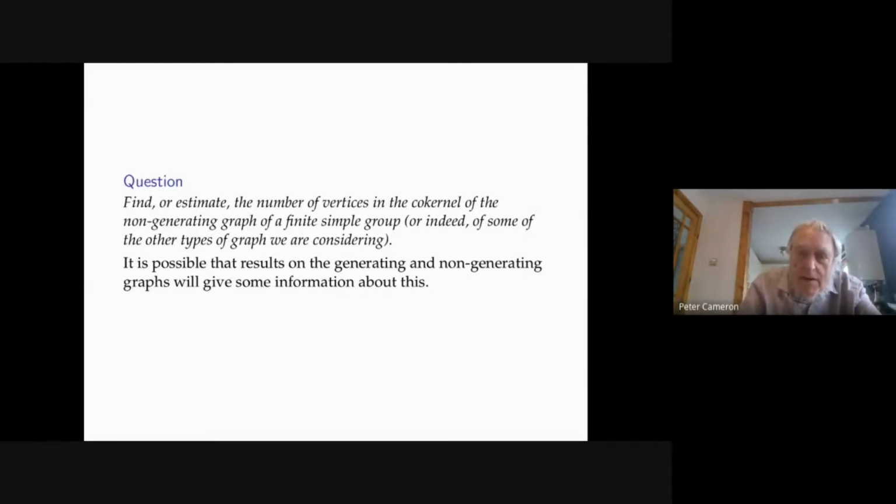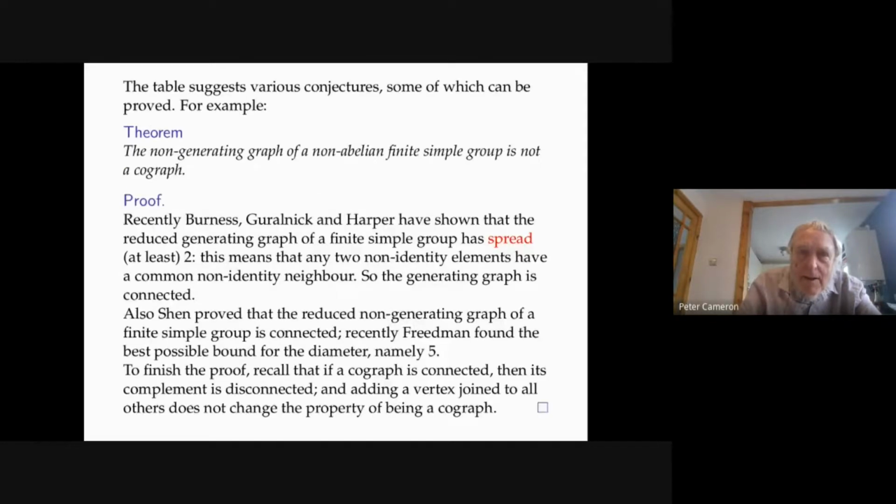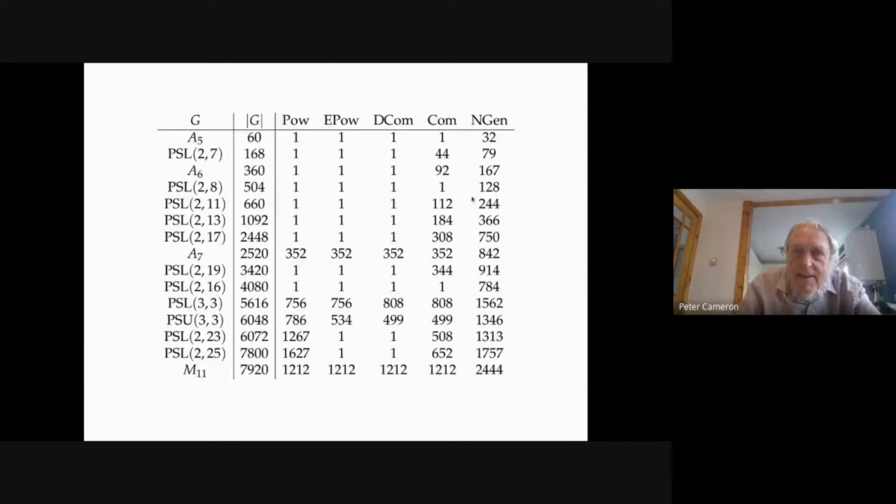It's not a cograph, but how many vertices are there in the co-kernel? If you just look at these, there's no particular pattern to these numbers as far as I can see. In some cases, the number that you see here is the number of cyclic subgroups of the group, because we've seen that the generators of a cyclic subgroup are all twins, so they'll all collapse down to a single vertex.